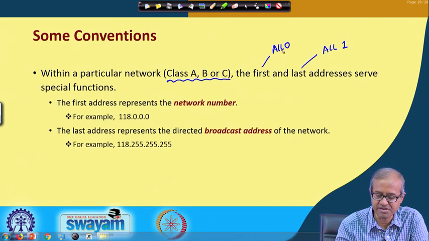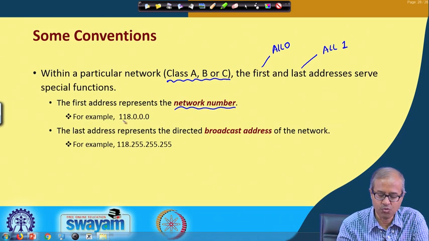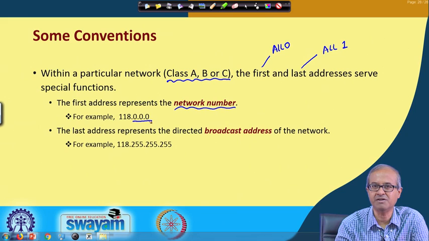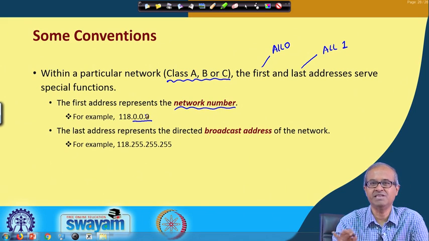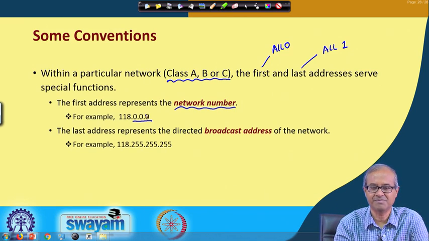The all 0 address specifies the network number. Like 118 is the address of the network, if you write 000 in the host part, this will identify the network 118.0.0.0.